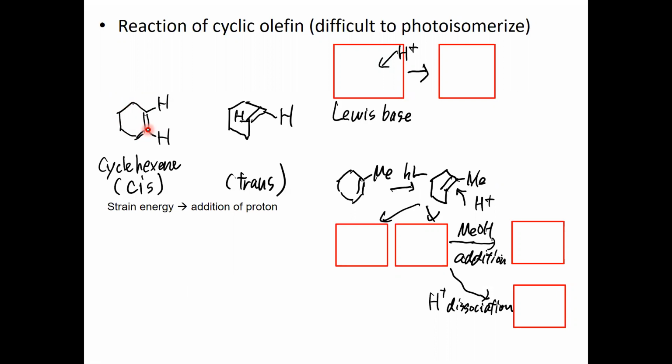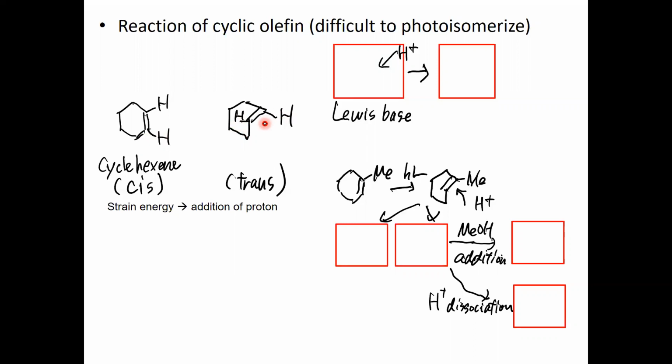In this case, you could see that the cis isomer is actually more stable, because if you make the trans isomer, the molecule has a strain that has more energy, right?